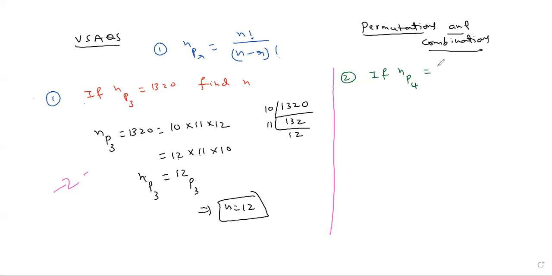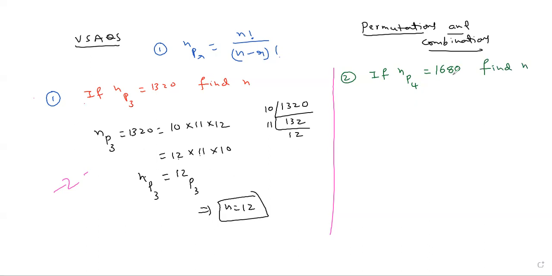If nP4 is equal to 1680, find n. Same method, different number.